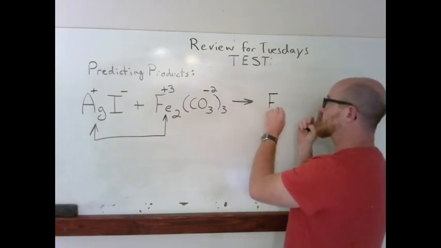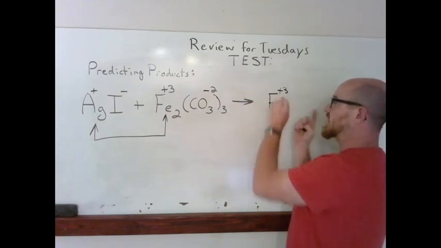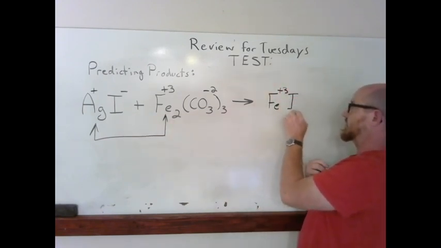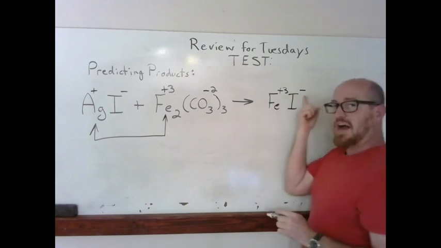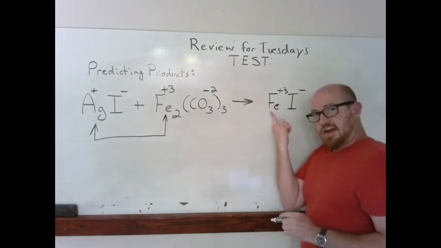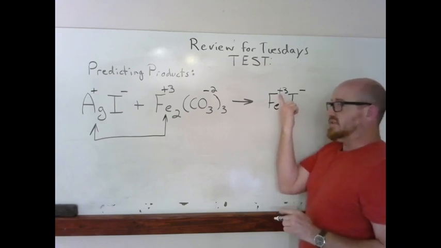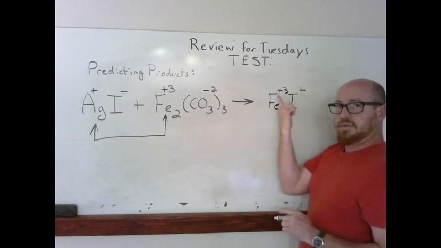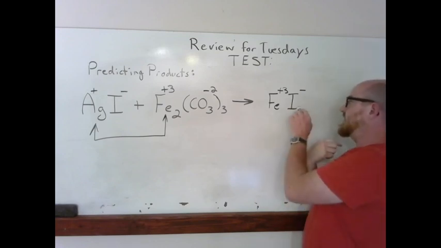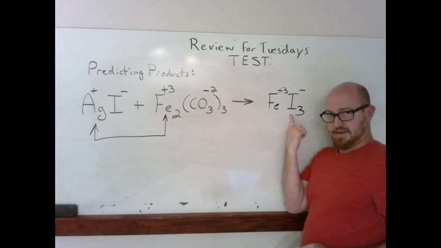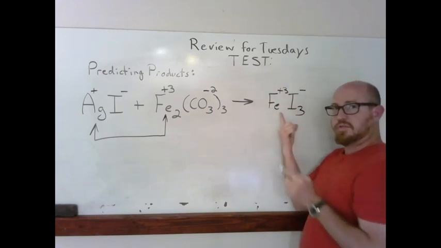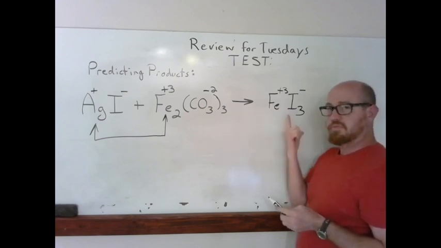Iron will keep its charge, and it's going to bond with iodine, which is also going to keep its charge. Now, if iodine needs 1 electron, and this iron atom is giving off 3 electrons, it means that this iron atom, when it gives off those 3 electrons, is going to need to give it to 3 iodine atoms. So that's the new formula for this compound on the product side.